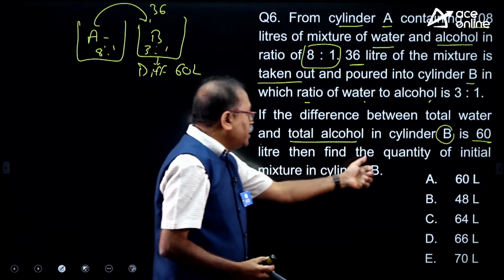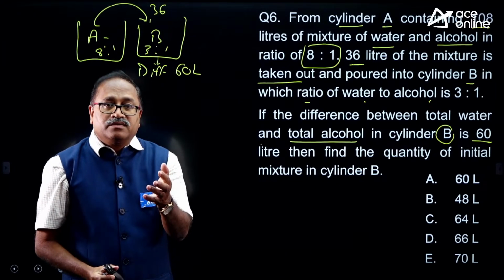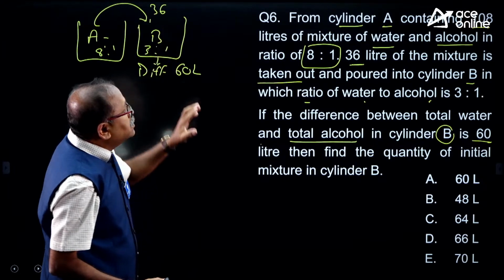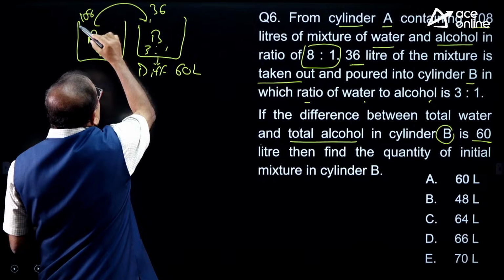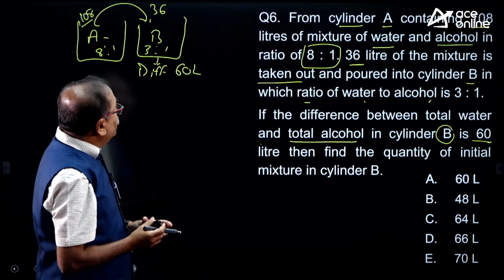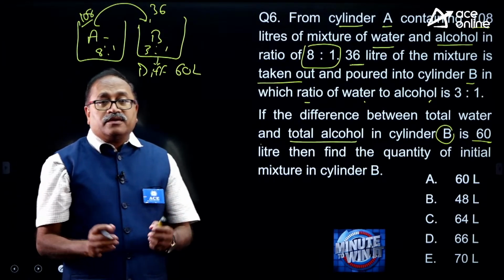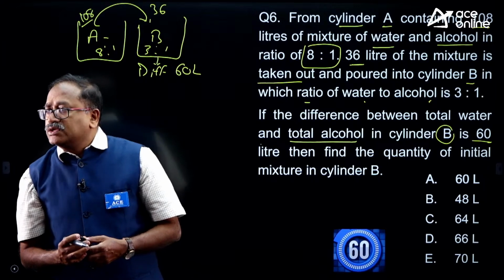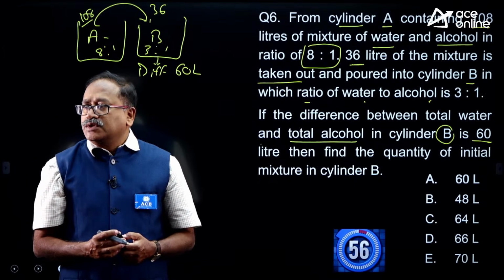Then find the quantity of the initial mixture in cylinder B. When this 36 liters is not drawn out of the 108 liters, what was the initial quantity? Come on, my friends, you can answer the question. Let me give you a minute. Some of you can answer the question. Try this.